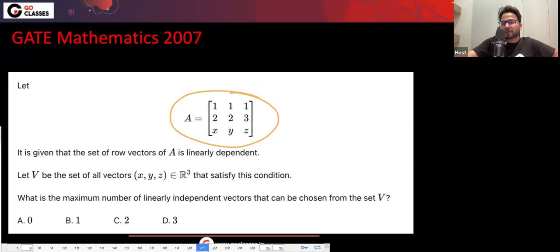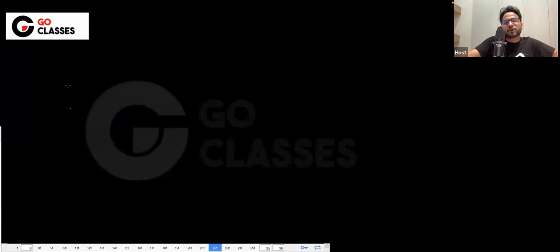I mean, these two are linearly independent, that is for sure. For two vectors, it is easy to check, right? Suppose you have to check whether two vectors are linearly dependent or independent, then what will you do?